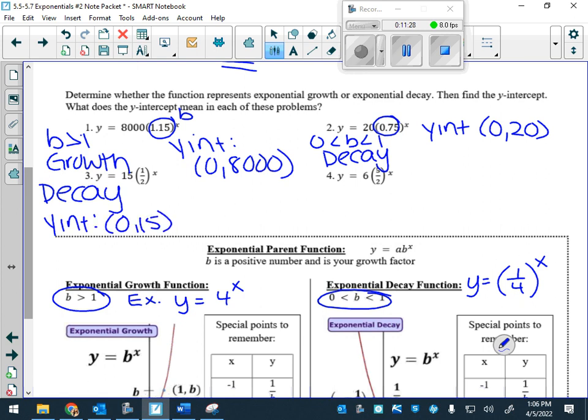Excellent. All right, number 4. Genevieve. Growth, why? Good. 5/2 is greater than 1. Excellent. What is our y-intercept? Sabrine? 0, 6. Excellent. All right. How many of you guys got both of those? Good, as you should. Nice.